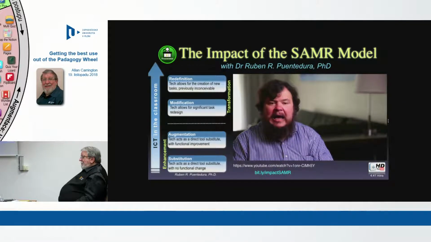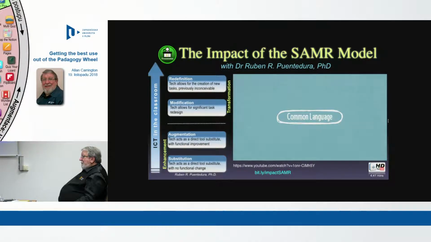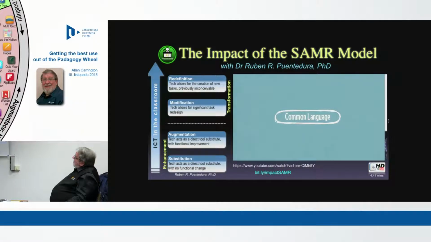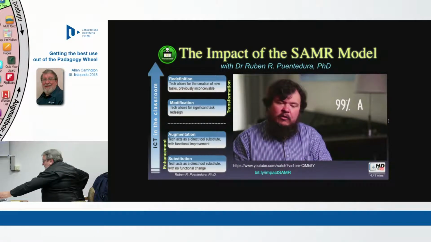If you frame how and why you're using those tools in terms of SAMR, you now have a common language for discussion, and again, a common language to enable, facilitate the activities of a community of practice.